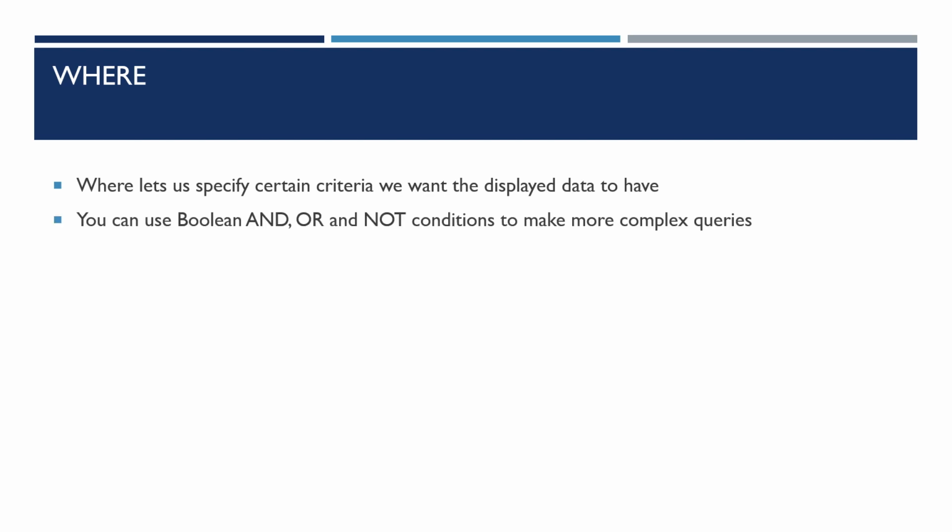The where line lets us specify certain criteria that we want the displayed data to have. We can use most of our relational operators here, equal to, not equal to, and where the data has a type of numeric or date, we can use things like greater than or less than. You can also use Boolean and, or, and not conditions to make more complex queries.